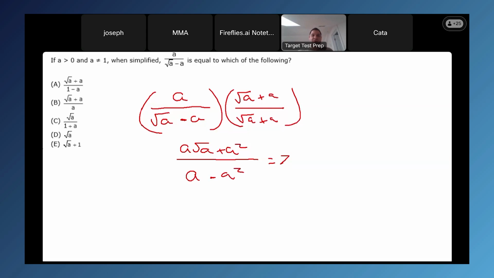You can actually factor out an A, and that's going to be root A plus A. You can factor out an A here, 1 minus A, and then all of a sudden, the A's cancel. You're left with A squared, root A squared plus A over 1 minus A. And that's it. And that's answer choice A.